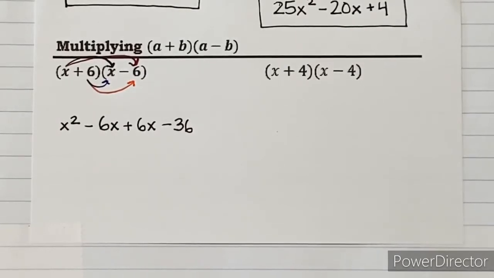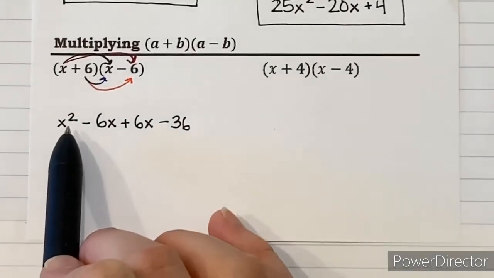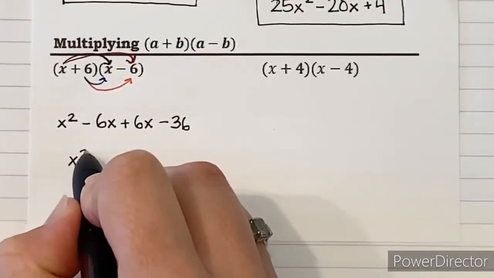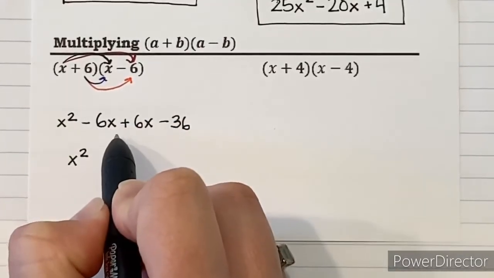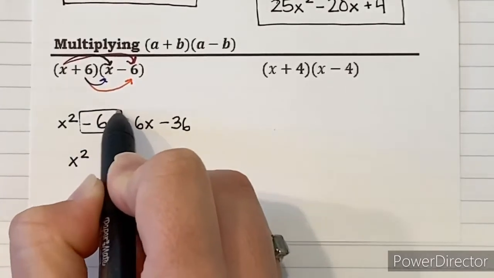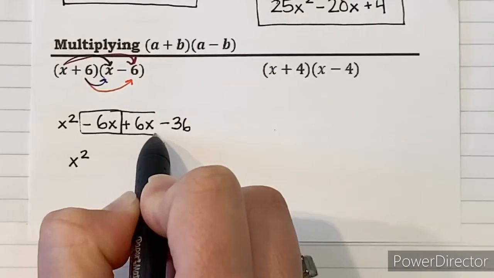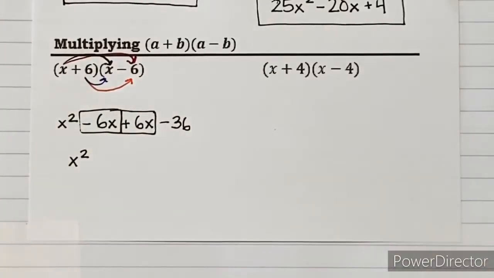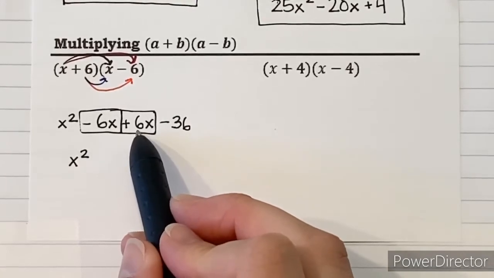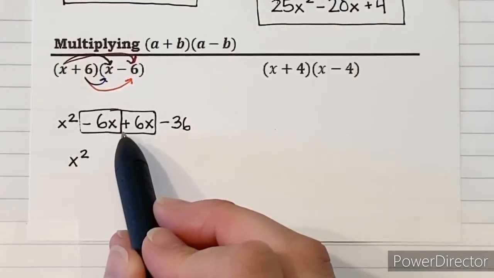So then I'm going to simplify just like normal, and I've got x squared, no other x squared, so I'm just going to bring those straight down. Okay, so then I'm going to go to the x's. I've got negative 6x plus 6x. So if you notice, we have negative 6x plus 6x. These cancel each other out and go to 0.